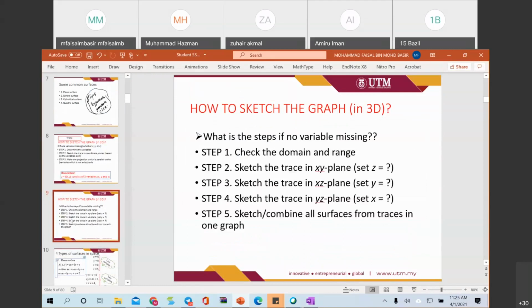For the xy plane, set z = 0 for the origin, if the point is at the origin. If not, it is not the same. So for the XZ plane, you have to set y, and for the YZ plane set x. You see which one is missing, so that will become the trace. So sketch the combination of the surface traces in one graph.